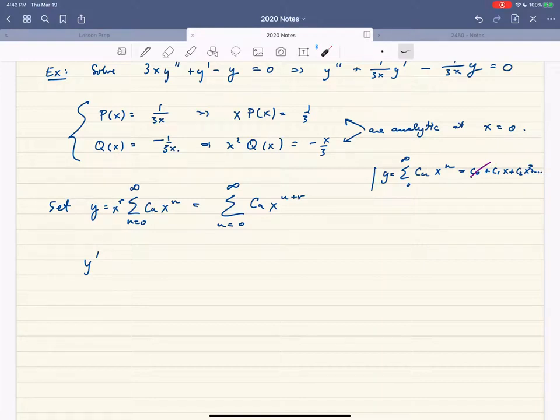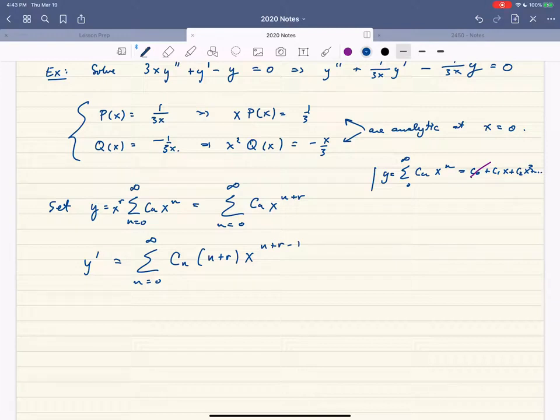The reason why that matters is that when you differentiate, you need to actually leave the starting index the same. So if I just differentiate using the power rule, we're going to have the sum from n equals 0 to infinity, c sub n times the quantity n plus r, x to the n plus r minus 1.